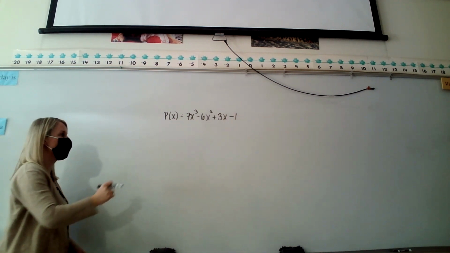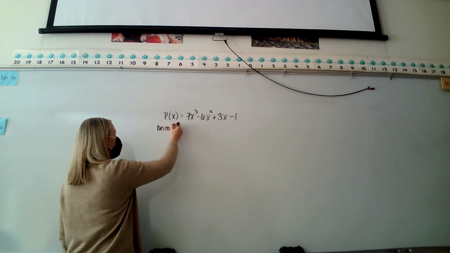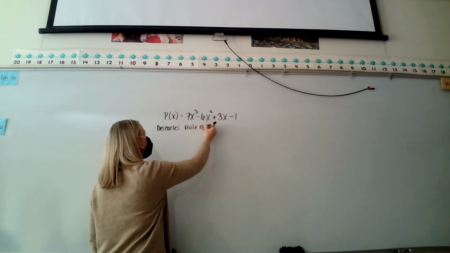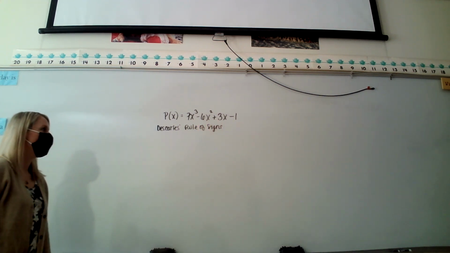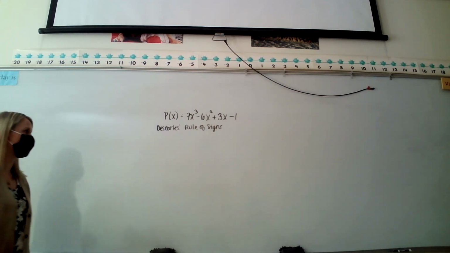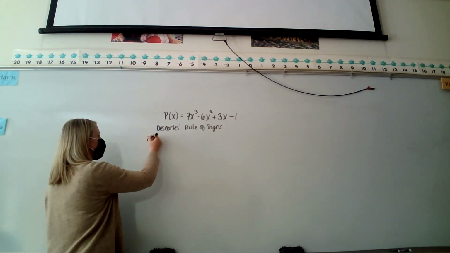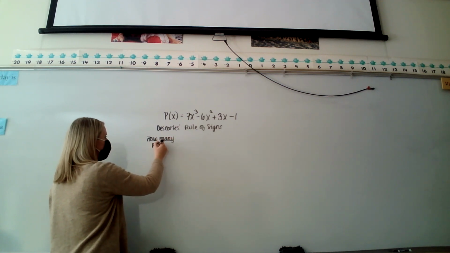And I say using Descartes' rule of signs, I want to know how many positive real solutions could there be and how many negative real solutions. Negative real solutions, I can't help. So I'm just going to write how many positive real solutions. We'll start with that one.